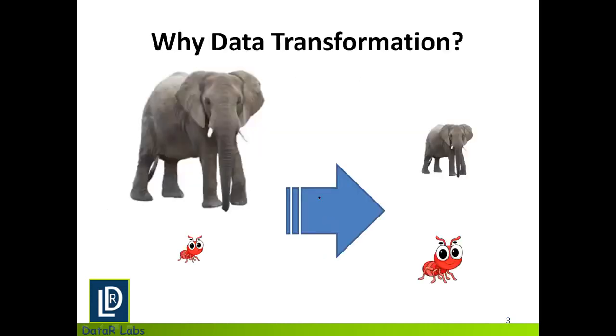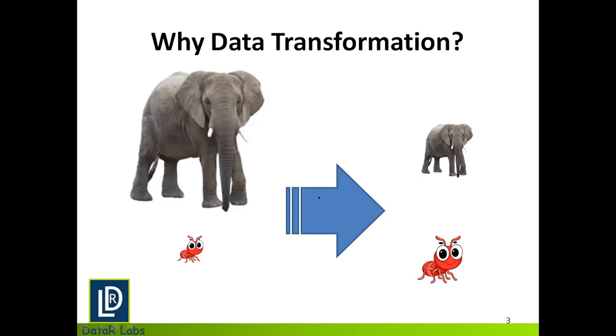Now, quite often it happens that one or two features out of the whole bunch of features we have for model building have a high magnitude of values. And our machine learning model likes to see all the contributing individual features at the same scale.